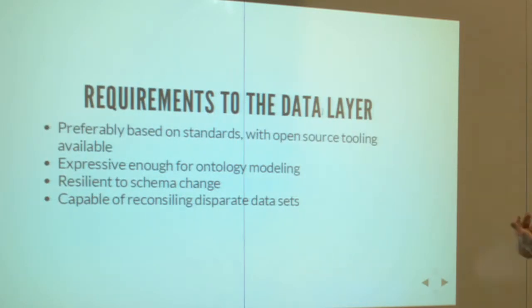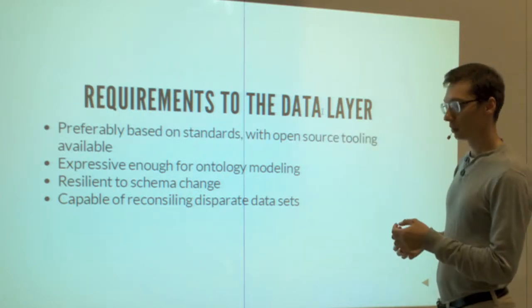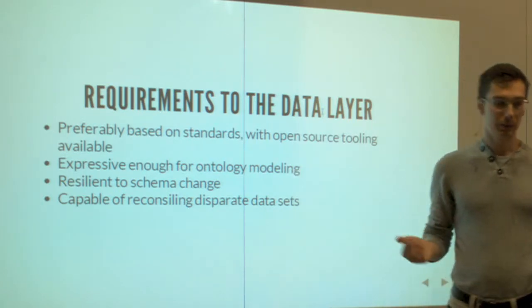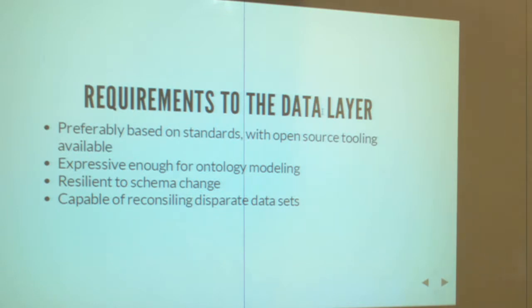Well, from these practical requirements, you could deduce requirements on the data layer which is going to be used. So what are we expecting from the data layer? Well, first a simple one, nice to have, so to say, that everyone wants to use something standard and free, so that would be good. Then, of course, it must be expressive enough for modeling our ontology. It goes without saying almost, but at the same time it doesn't say it here.